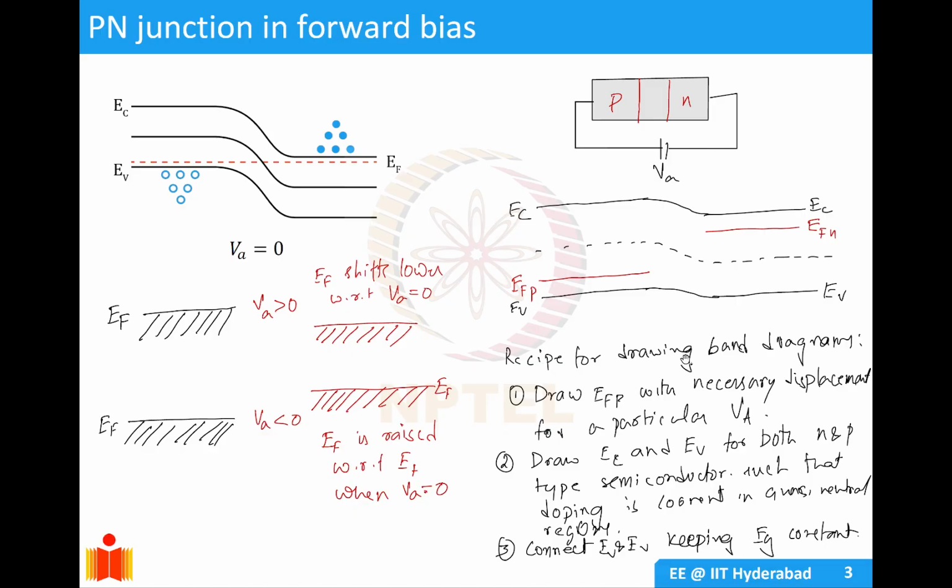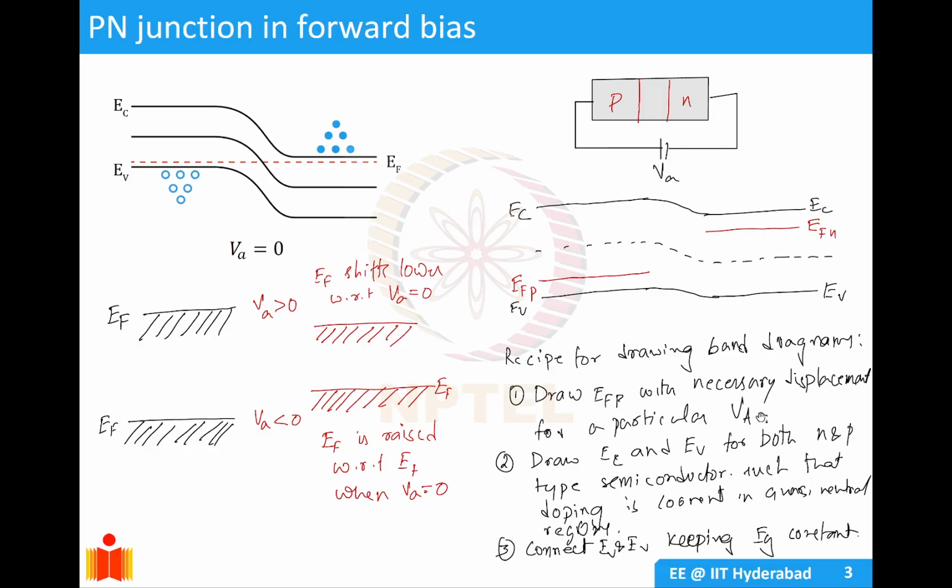Now this is the recipe for drawing this type of band diagram. You first consider an imaginary line for zero potential, and then you draw EFP below that for a particular VA.